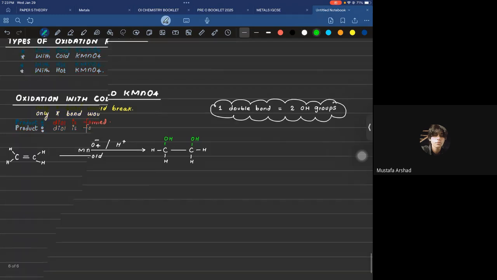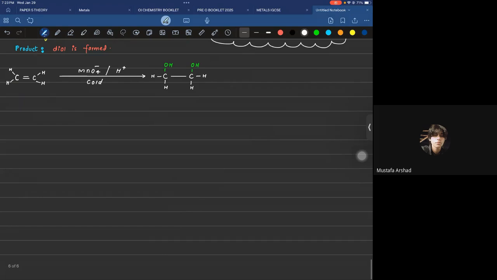And let's suppose you have this compound, with two double bonds and this is the branch. Ultimately the condition is the same: MnO4 minus slash H plus, cold, acidified KMnO4.